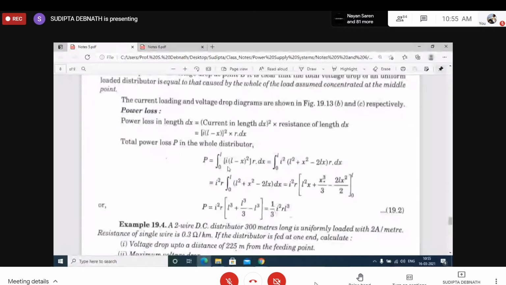Here they have done the correct thing, but here it will be I square. Understood? Is it clear? Yes, ma'am. Okay, thank you. So put one I square here, this expression is okay, and you proceed.